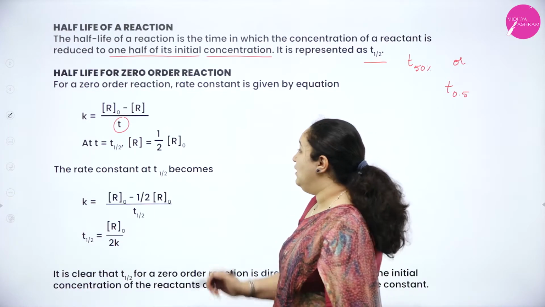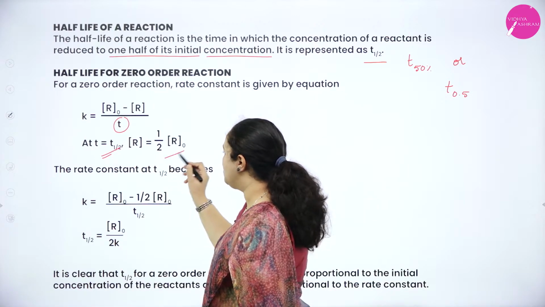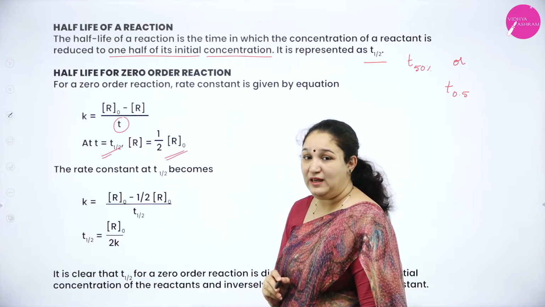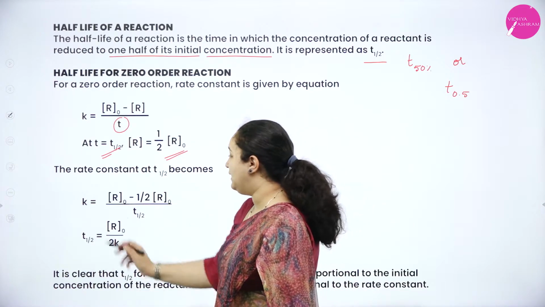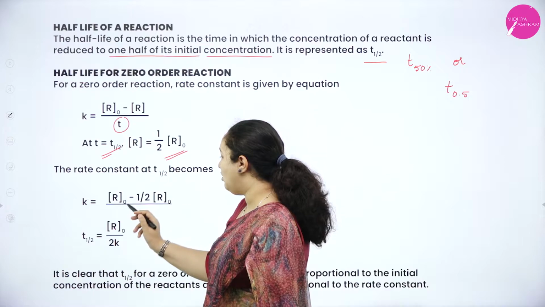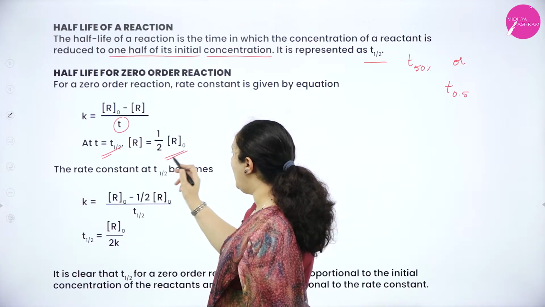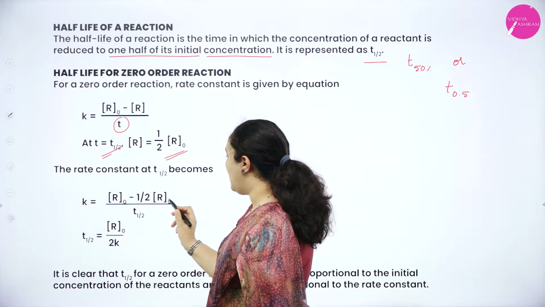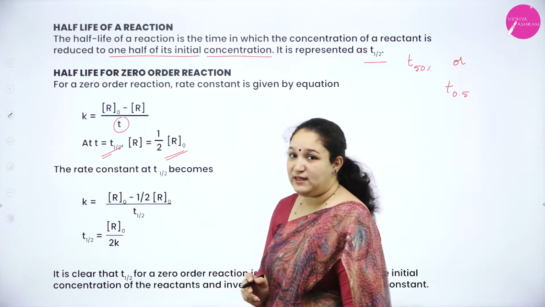So now if we substitute these two in the integrated rate equation, what we will get? K is equal to R naught as it is. Instead of R, we write half R naught, so minus half R naught, divided by, instead of T, we write T half.